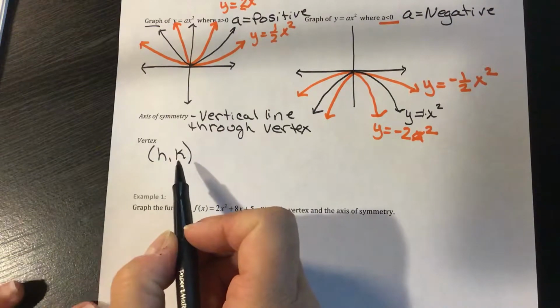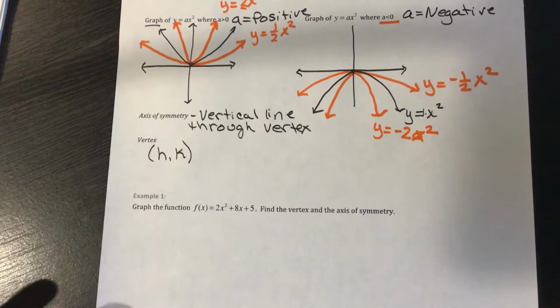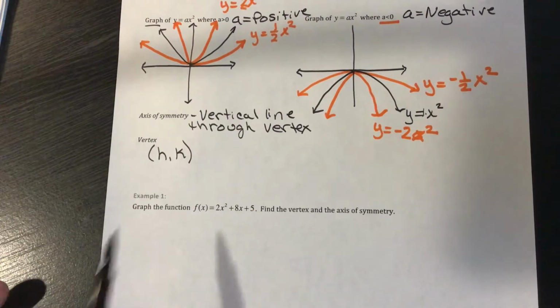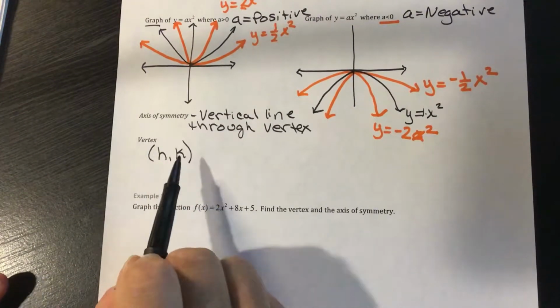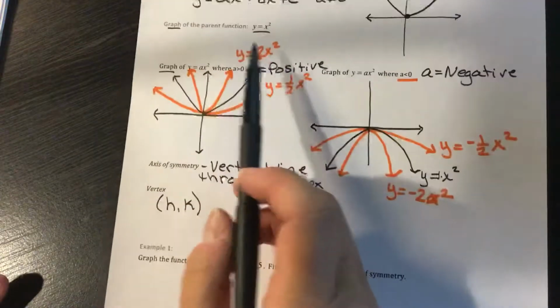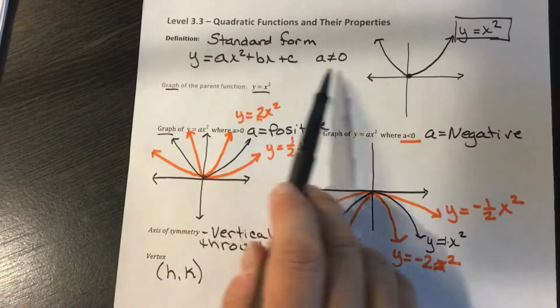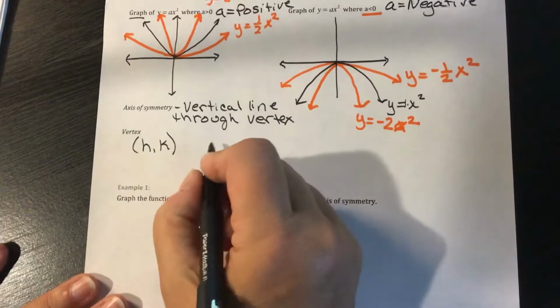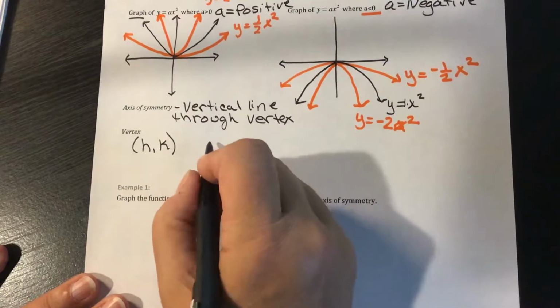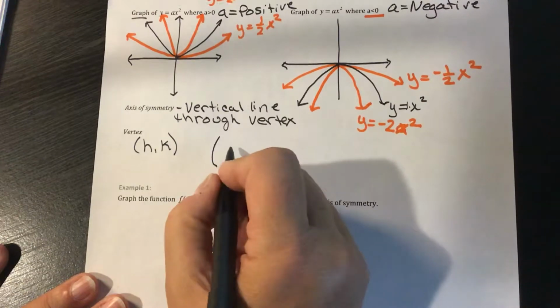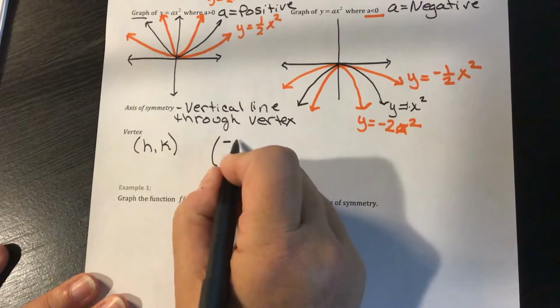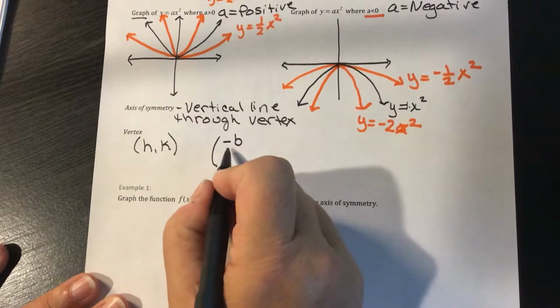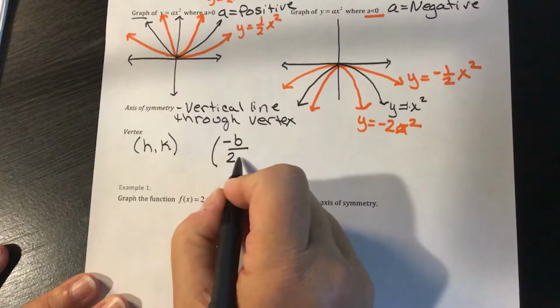If I were to want to find the coordinates of the vertex by looking at the standard form of the equation, I could use a simple formula, and you're going to need to really know this, where the x coordinate can be found by the opposite of the b value divided by 2a.